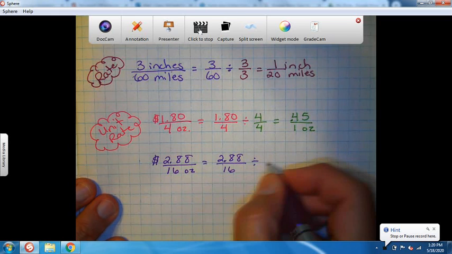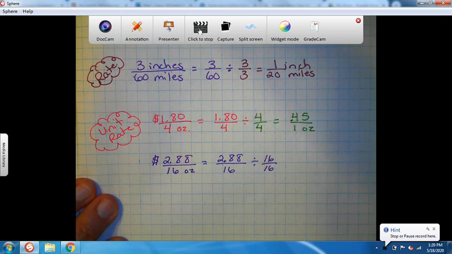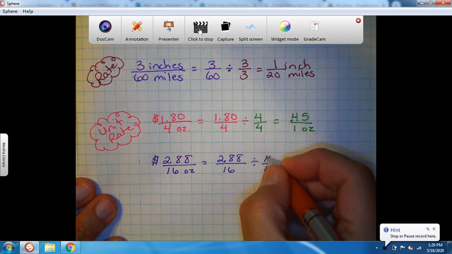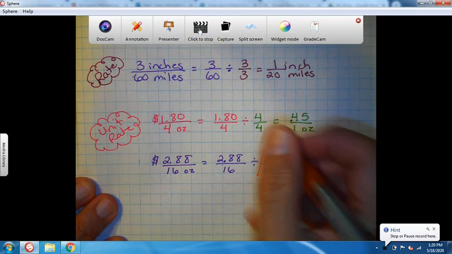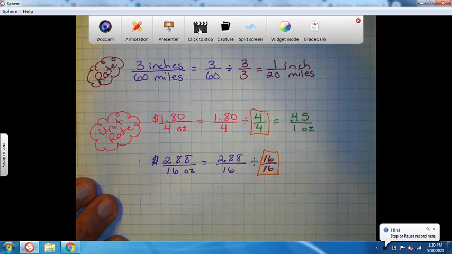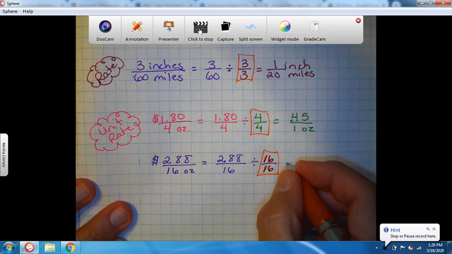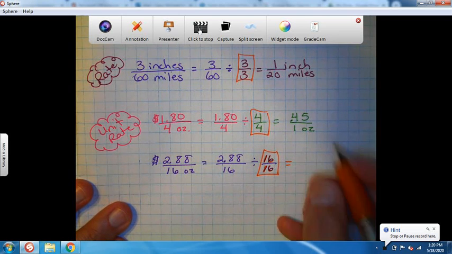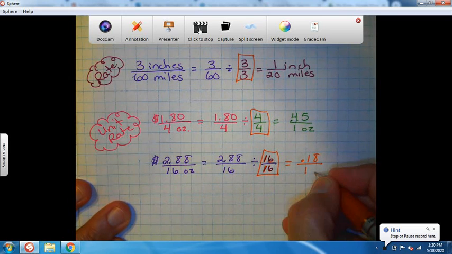So we divide by 16 over 16. Whoops, I should have changed color. Much easier to see our giant 1. Remember our giant 1 here, okay? All right, and then this comes up to 18 cents for 1 ounce.